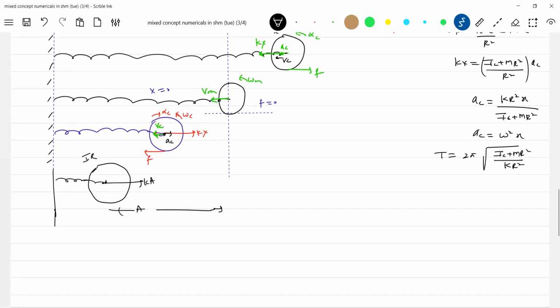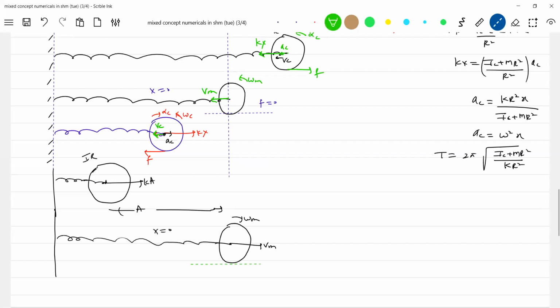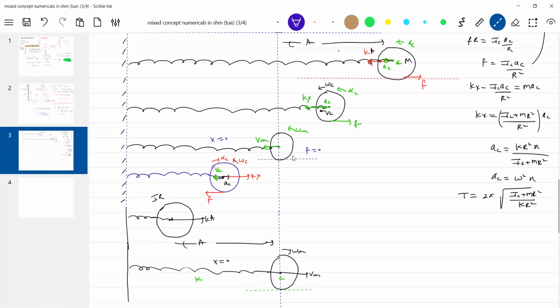Again, when it returns back, I think a student has to study at least one oscillation, what actually happens and what is the role of friction. So here it will have Vm. Okay, fine. So how will the direction of friction be acting?